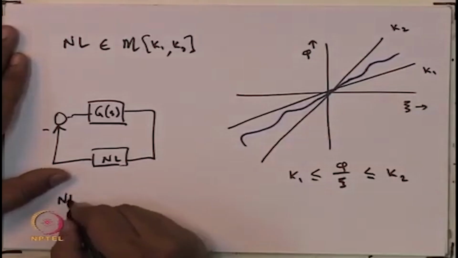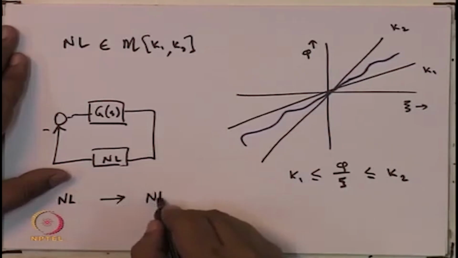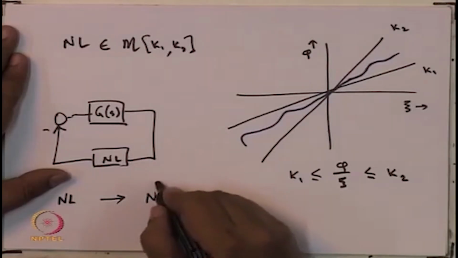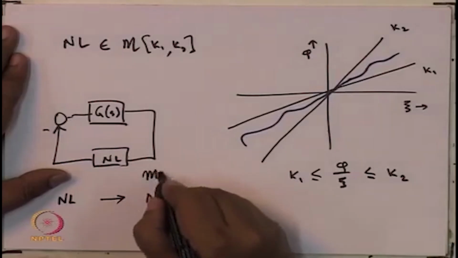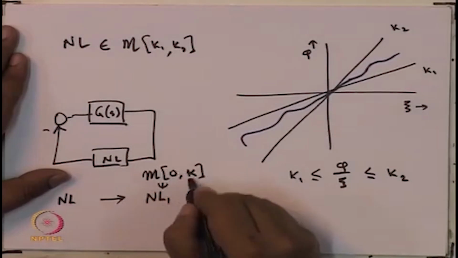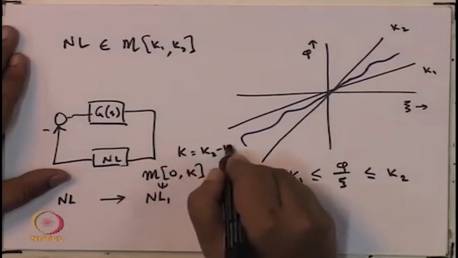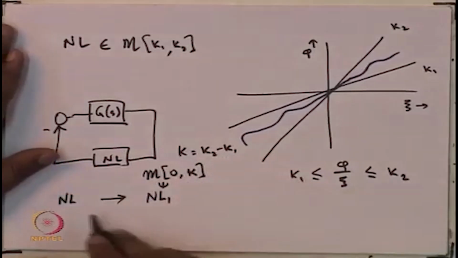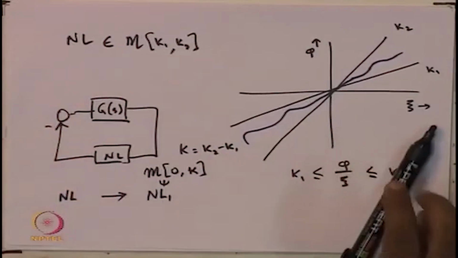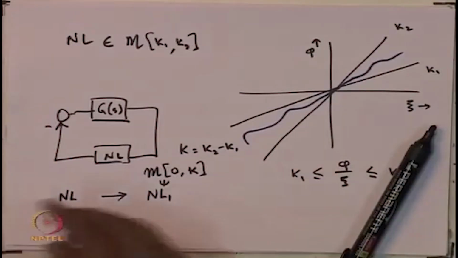First you have this NL, and you first convert it into, let me call it NL1, which is a nonlinearity in the 0 K sector, where this K is K2 minus K1. Okay, so you can do one transformation like this, and then this can be followed by another transformation.